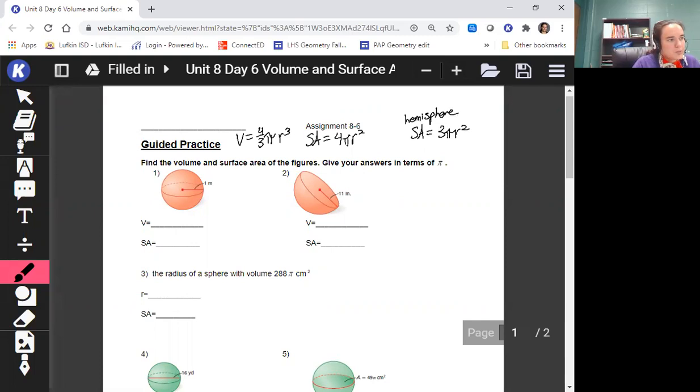So we need our radius for these, and our radius here is 1. So 4/3 pi 1 cubed, and you get 4/3 pi meters cubed.